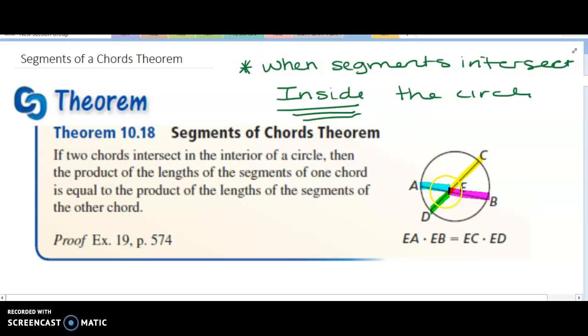I'm just going to label these A, B, and then X, Y. So this theorem tells us when two segments intersect on the inside of the circle, you can find the length of one of these segments because A times B equals X times Y. So this segment times this segment is going to equal this segment times this segment.